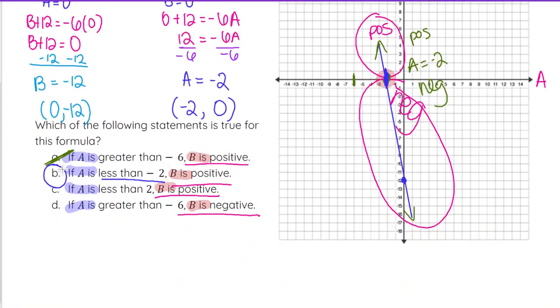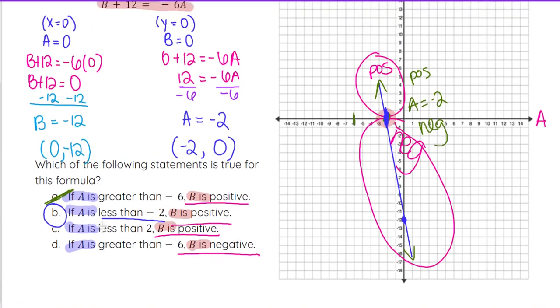So that means B is correct, but let's make sure that we didn't miss anything. So we'll just double check C and D. So if A is less than 2, so if we look at 2 over here, that is not the turning point. To the left of 2, we have positive and we have negative B values. We have the line above and below the a-axis. So this is going to be one of those answer choices that's partially correct. So we can cross C out.